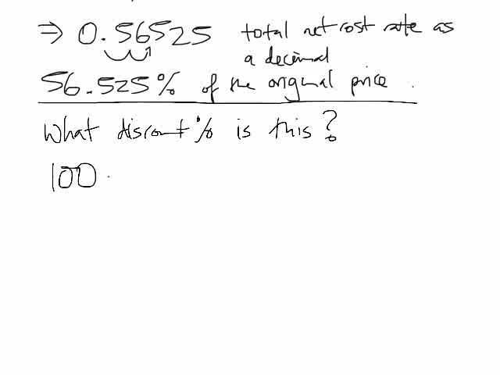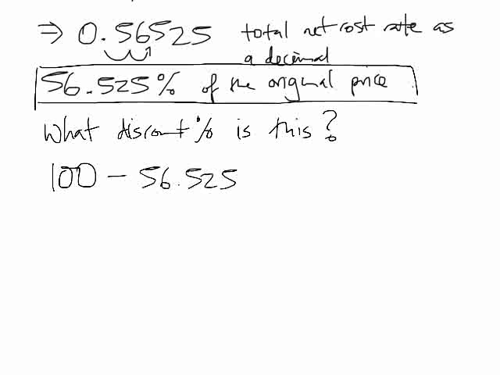So 100 take this percentage, which you said was how much you were paying of the original price. 100 take 56.525 equals 43.475.